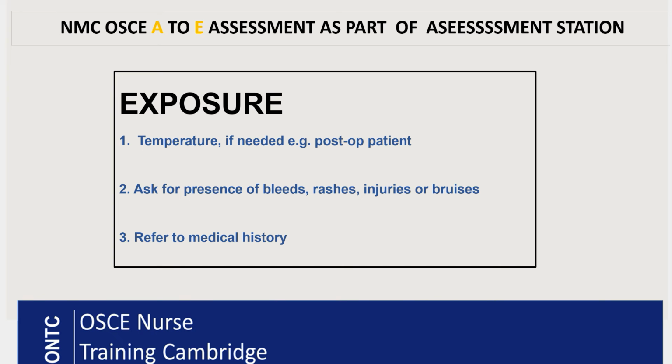Another thing we need to do, which lots of nurses forget in the exam, and is a critical point, is looking at the patient's medical history. Why do we look at medical history as part of exposure?